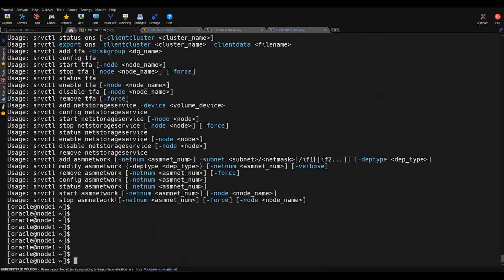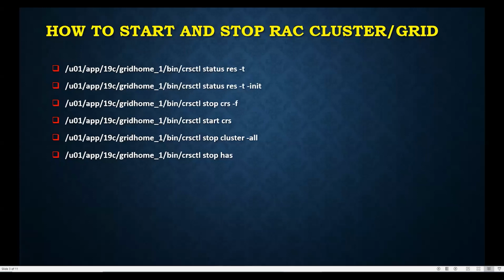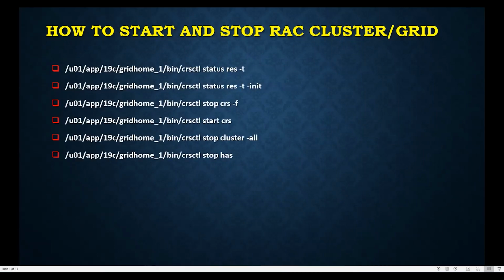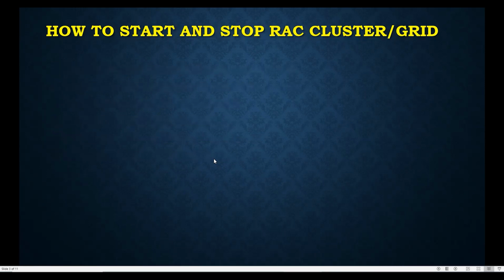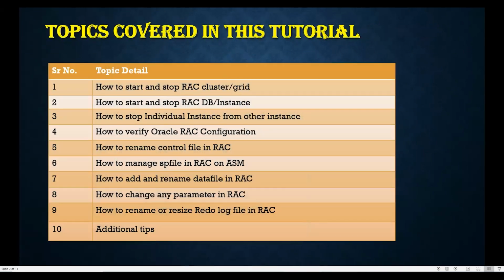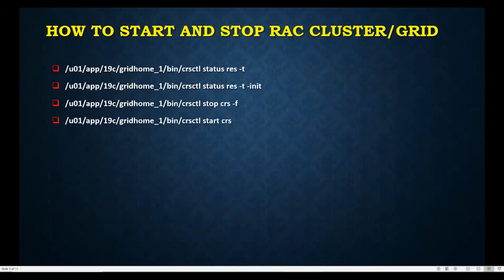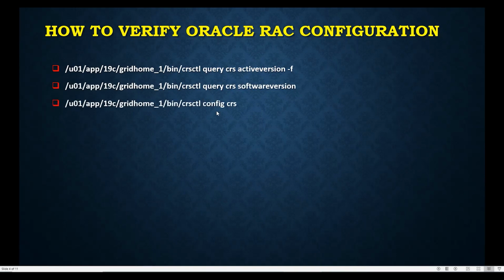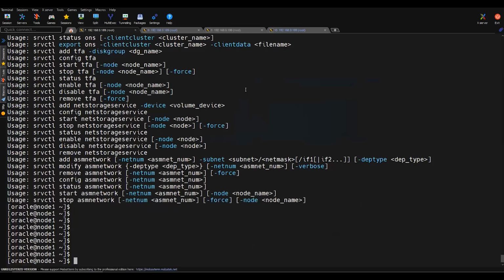So basically, the next part that we are looking at is how to manage the configuration. Sorry, let me just go back. Cluster stop and start we have already seen, and the configuration part we also need to verify. So the next thing is how to verify the configuration. The command crsctl query crs activeversion -f is the command that we can use to verify this.